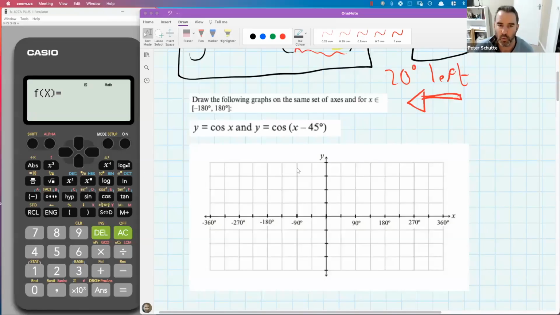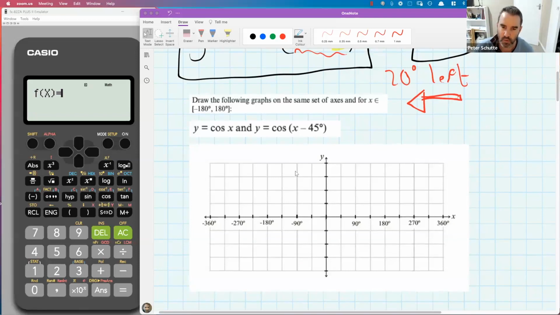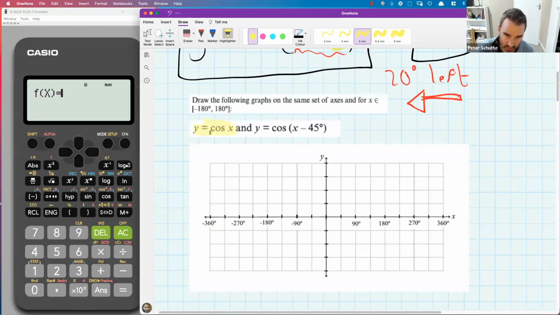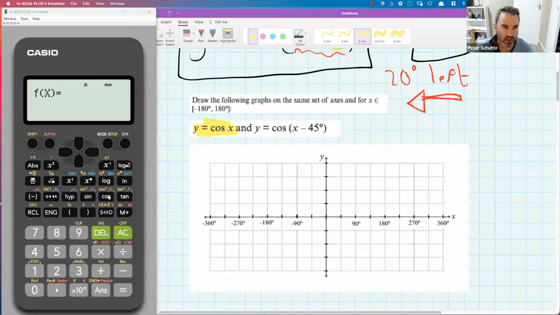What I want us to do is first draw the graph of y equals cos x, on the domain, it says here minus 180 to plus 180. The way we're going to do that, and we did this a lot in the last lesson, is I click on cos, and then I say alpha x, close that, go equals equals.